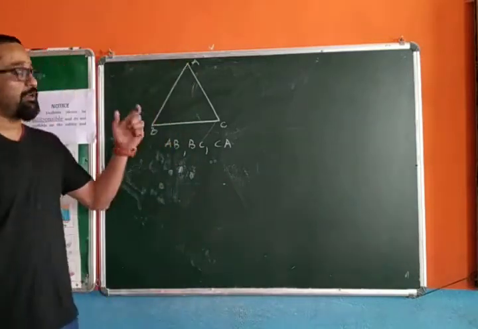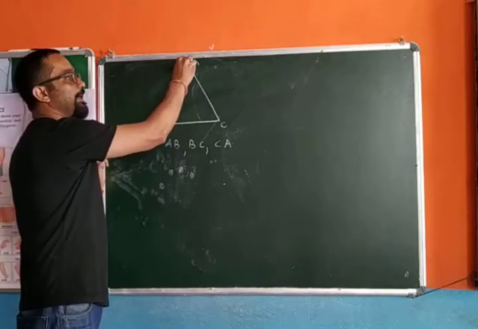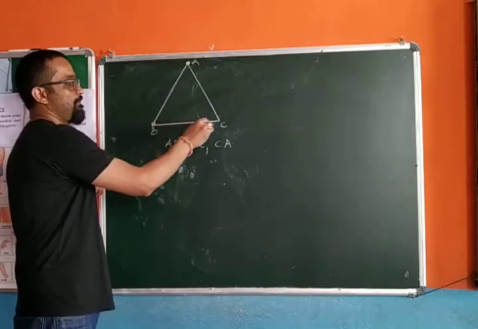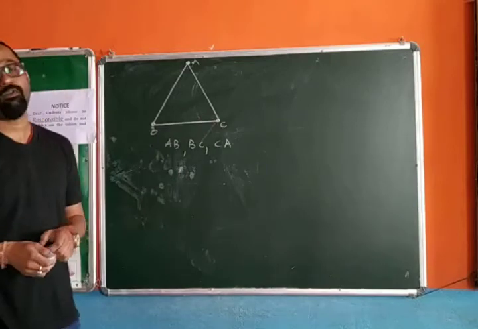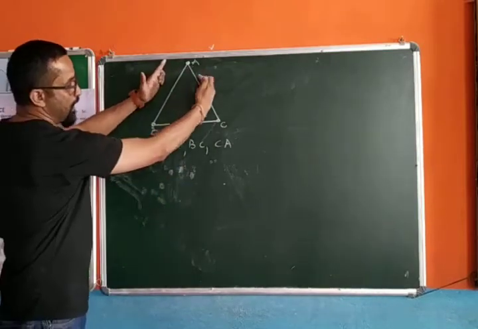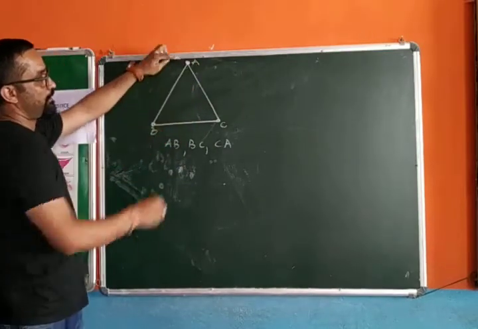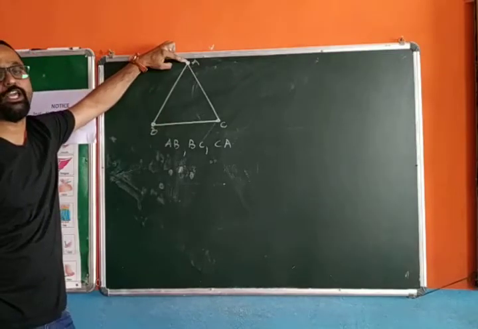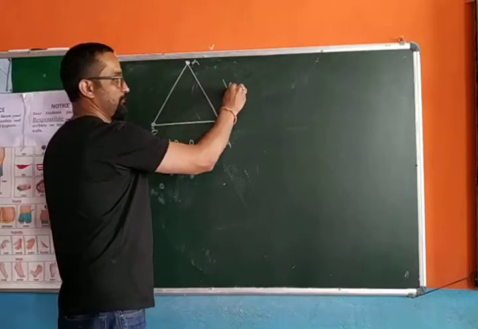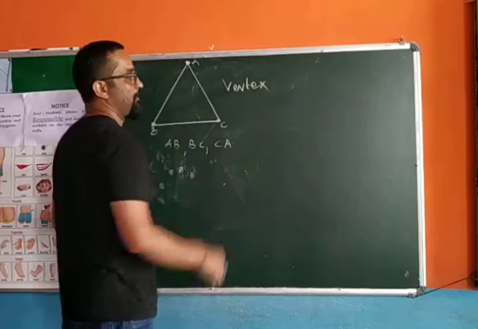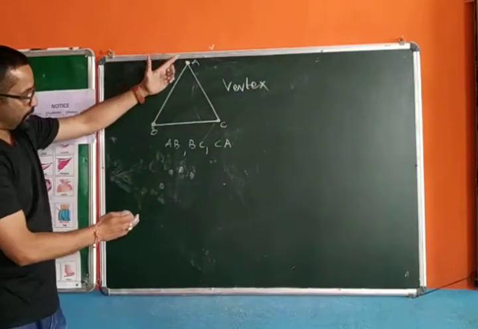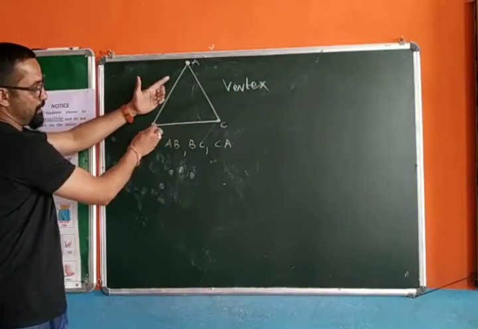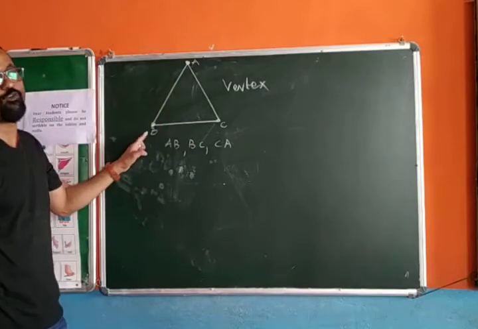Similarly, this triangle has three vertices. Remember, two straight lines are meeting at A. This point is called a vertex. BC is meeting at B, vertex.